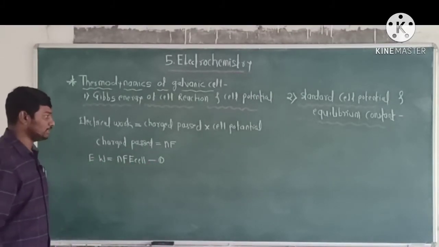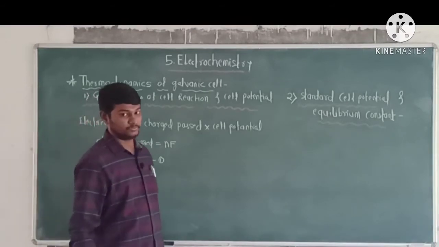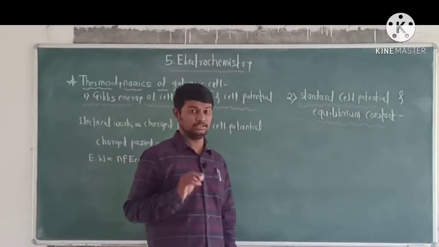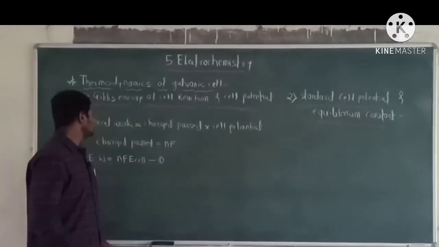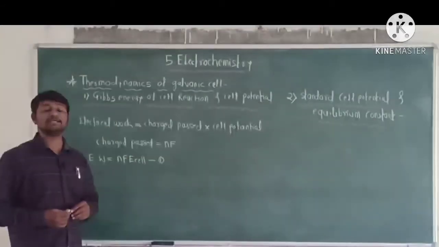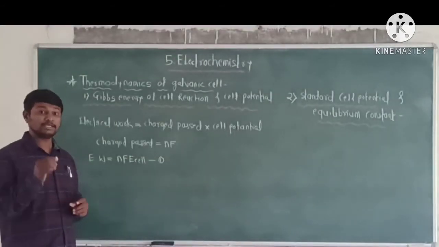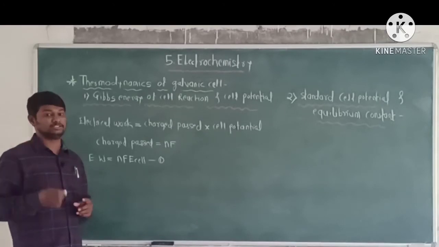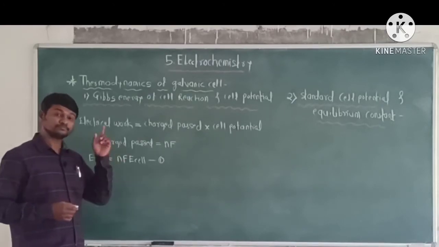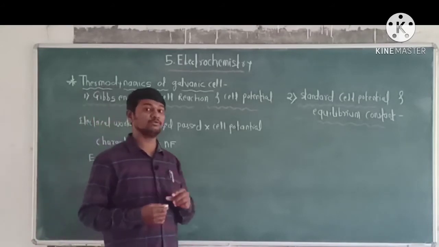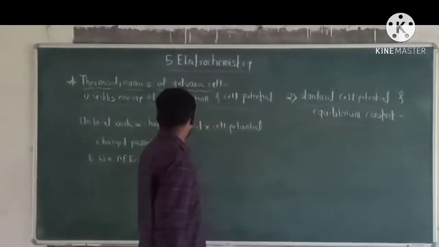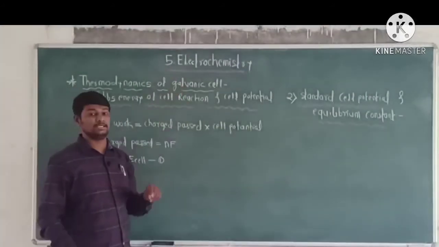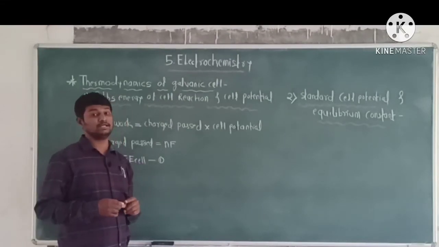Now in 1878 Gibbs concluded that the electrical work in a galvanic cell is equal to decrease in Gibbs energy.